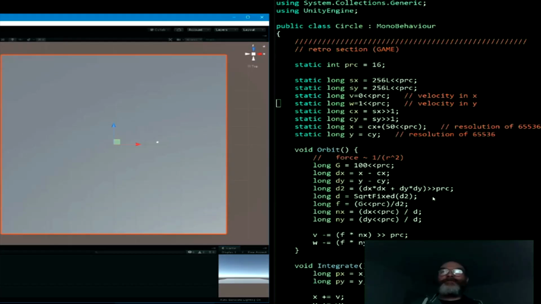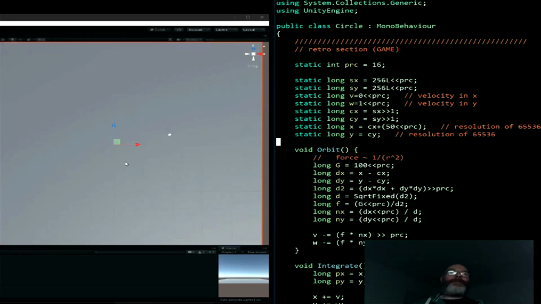An orbit. And although I've been making it a lot more complicated by going for fixed point, essentially this is all the code that there is. And if you were to write this out in sort of Unity terms, you'd be fewer lines of code because there's probably like three lines of code when you're done.